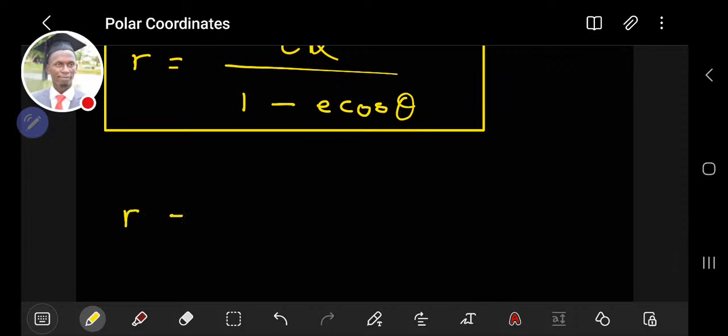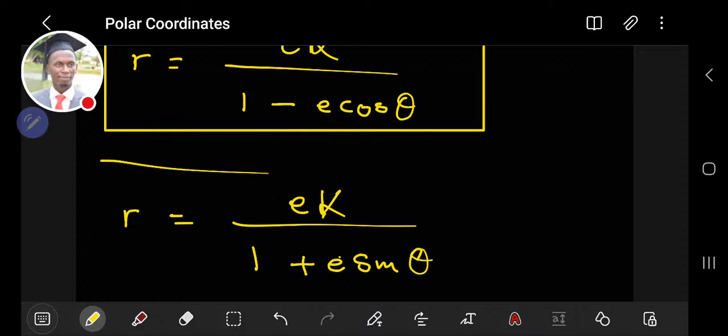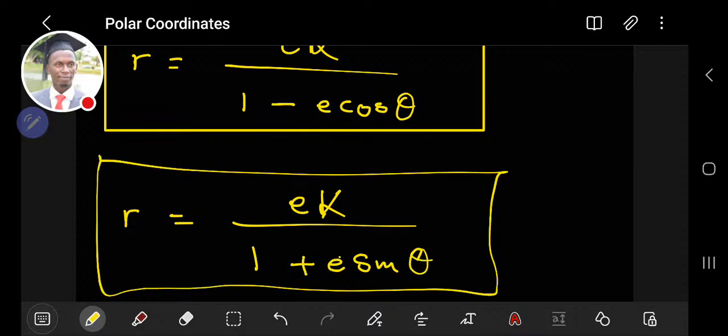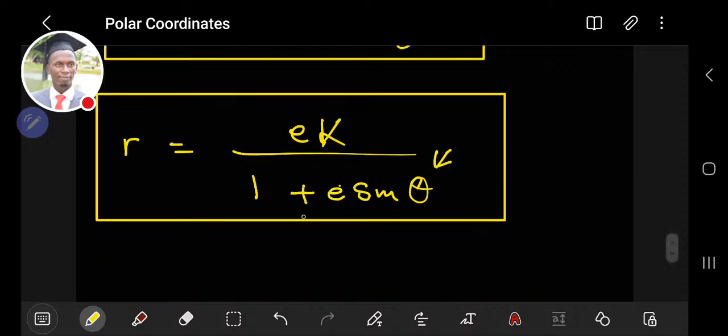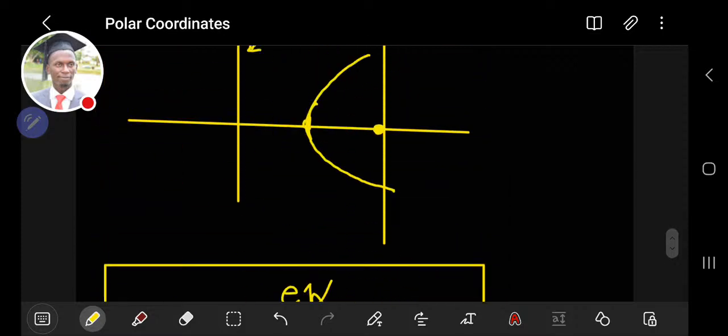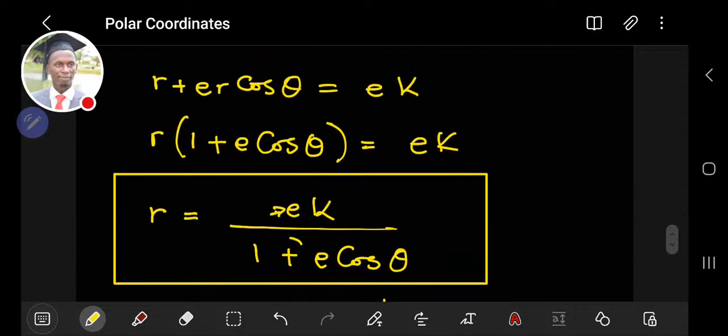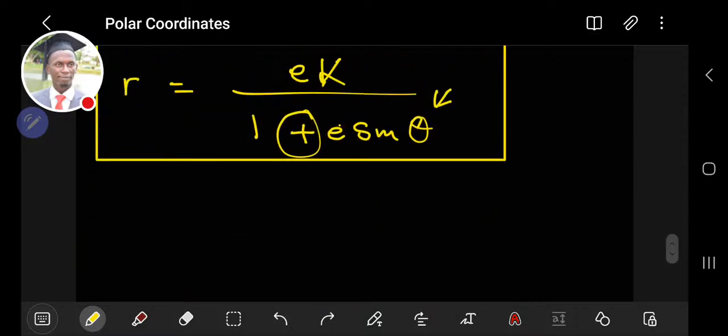But when it is positive and it is a sine, e sine theta, because of the presence of sine, you expect that this is going to be opening either up or down. Notice again, when it was positive, it opened to the left, so we can make the same conclusion here.